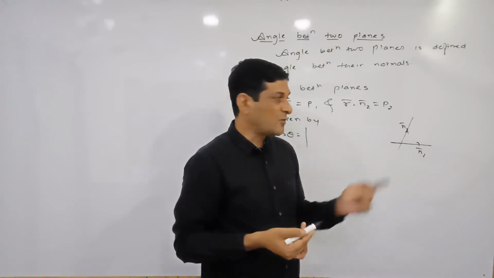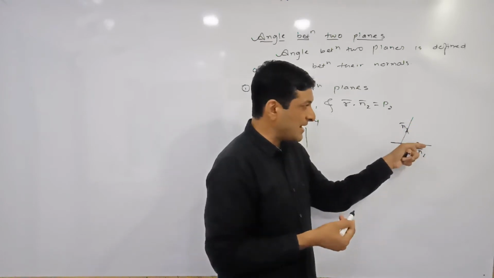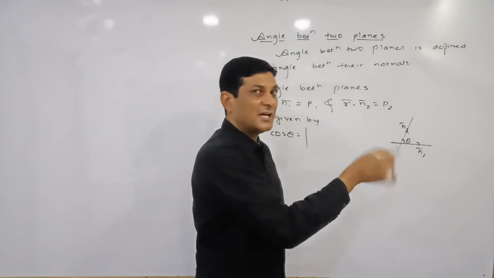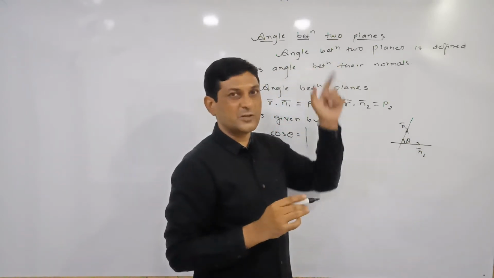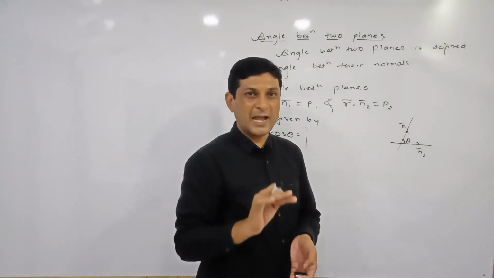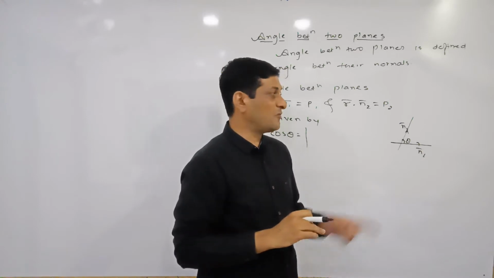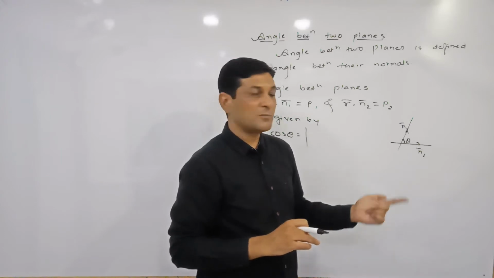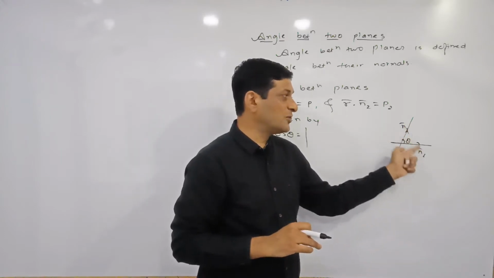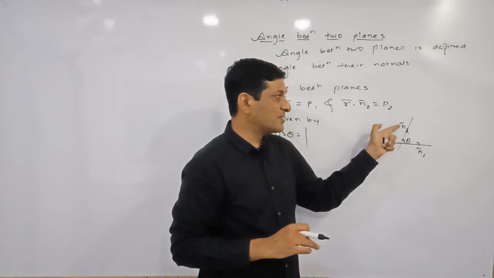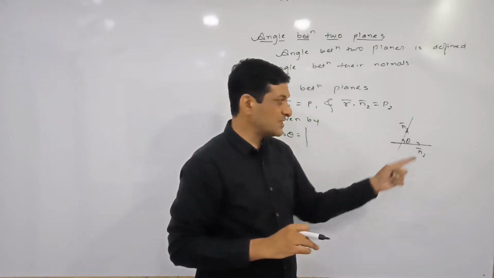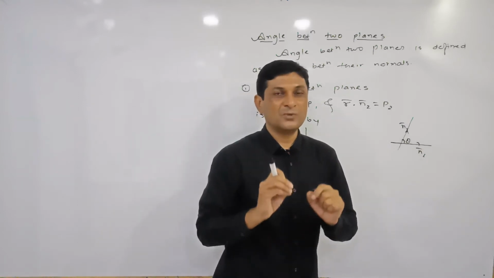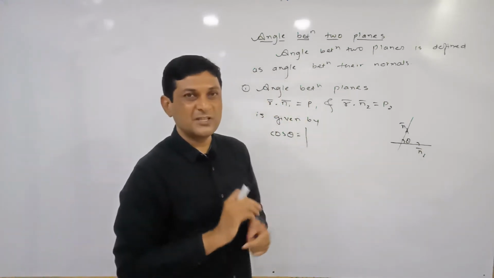Here can I say that whatever may be the angle between n1 bar and n2 bar is the angle between these two normals, and angle between two normals is angle between two planes. Means to find out angle between two planes, we have to find out angle between two normals. And to find out angle between two normals, we have to find out angle between these two vectors, because n1 bar is the vector along the normal to the plane first, and n2 bar is the vector along normal to the plane second. Now we are finding angle between these two vectors.